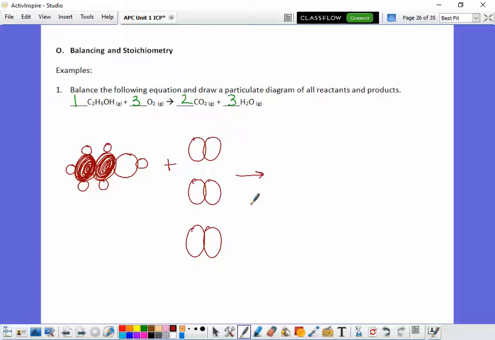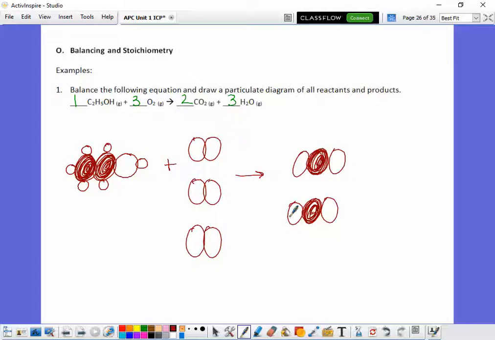And now CO2, how many of those am I going to draw? Two. Remember, my carbon was my big colored in circle, so I'm just using the same symbols from before. You do not need to indicate that those are double bonds. That's the one thing about particulate diagrams, you don't actually have to show the bond.